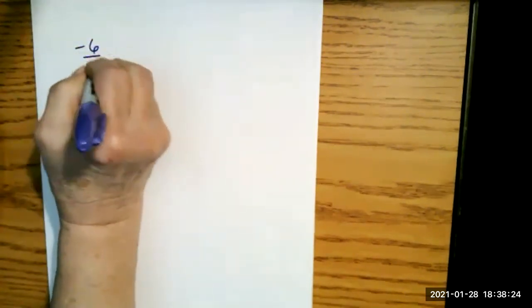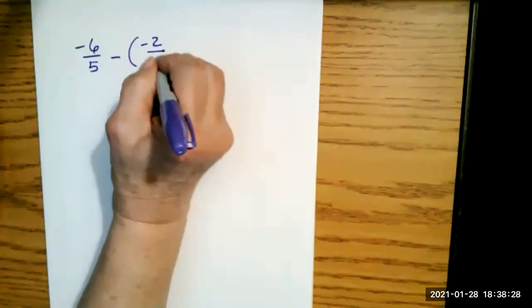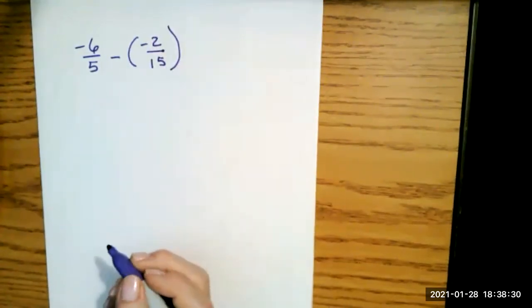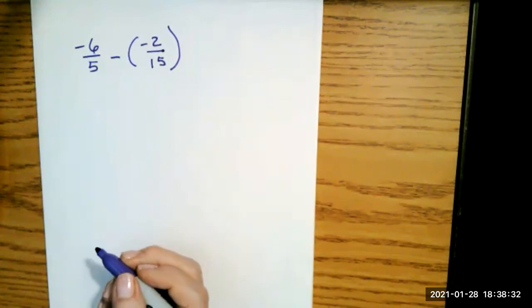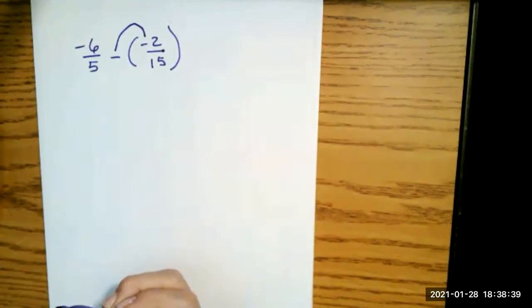Okay? Let's review a couple of other things that were in the support section. We have a problem. I think this is the one that may have had a wrong answer, but I'm going to go over how to do it, and we'll see what happened on it. This is a problem that has these 2 negatives together like that, and notice this one is a parentheses. It's not an absolute value.